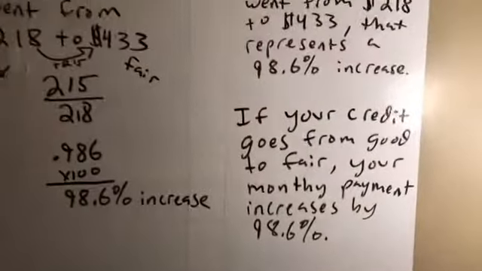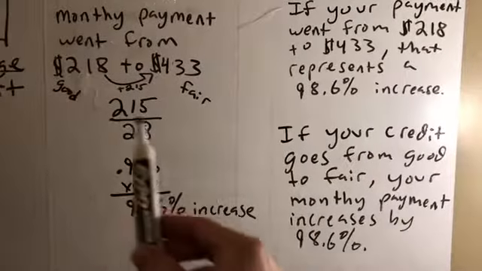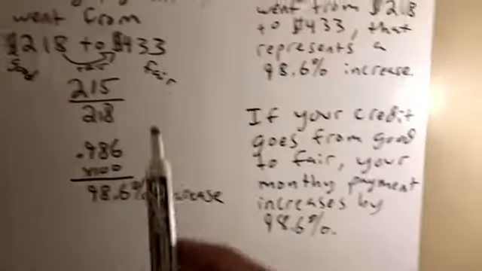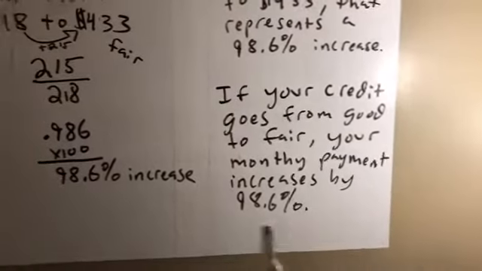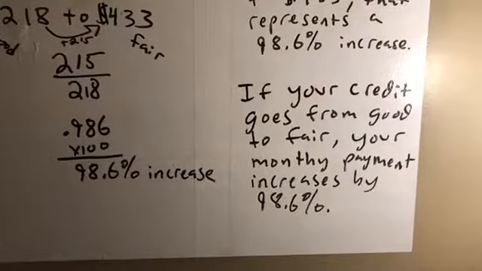So you could tell me a little bit more about the situation. If you know where those numbers came from, like, oh, that's good credit versus fair credit, tell us about that. If your credit goes from good to fair, your monthly payment increases by 98.6%.